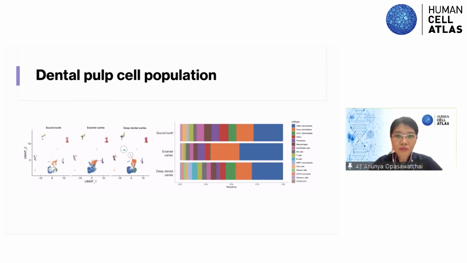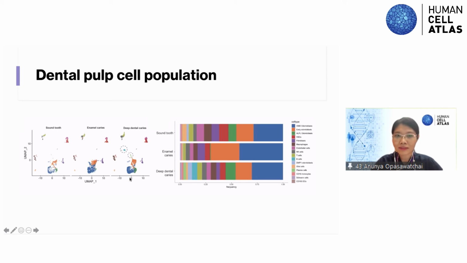We wanted to compare the populations of the cells in the dental pulp between sound tooth, enamel caries, and deep dental caries. With the UMAP plot here, you can see that the sound tooth and enamel caries share a pretty similar profile of cell populations, but you can see these extra clusters of cells in deep dental caries.